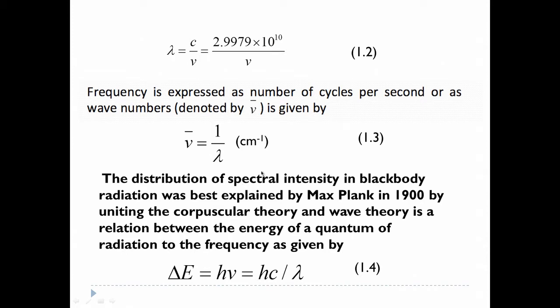The distribution of the spectral density intensity in a black body radiation was explained by Max Planck in 1900 by uniting the corpuscular theory, that is light made up of photons as bundles of energy particles, and wave theory, giving a relation between the energy of a quantum of radiation and the frequency, as given by this expression: delta E, that is energy, is equal to h nu. h is Planck's constant, nu is frequency, and nu is also given by the velocity of light divided by the wavelength.